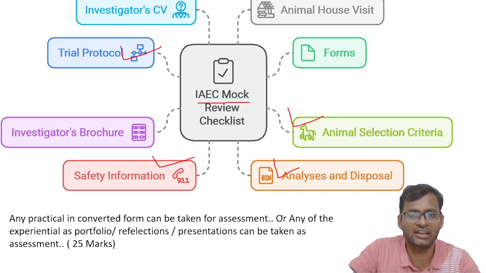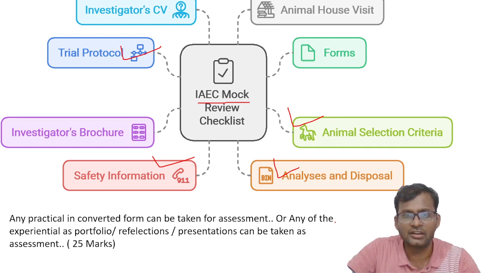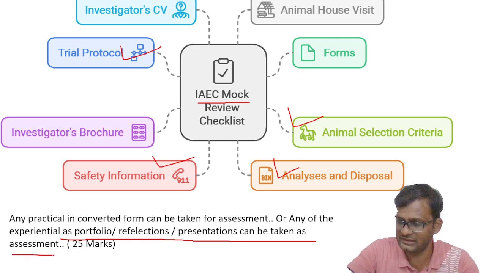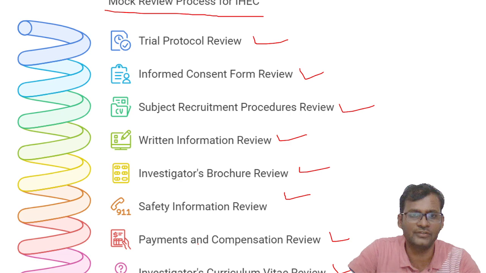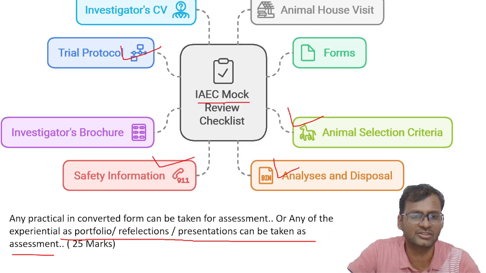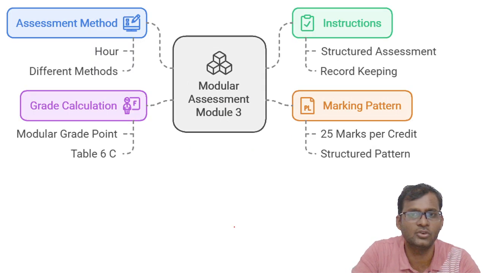So this is the assignment for module 2, or you can also give marks based on portfolio, reflections and presentation for the assessment in this module 2. So in module 2 they have given the mock review process of ethics committees for humans and animals. You can do this, or you can give the assessment based on the portfolio, reflections and presentations as we discussed in the previous module.